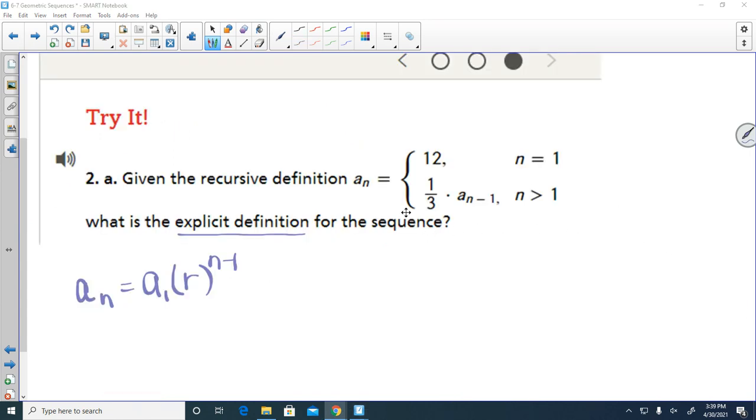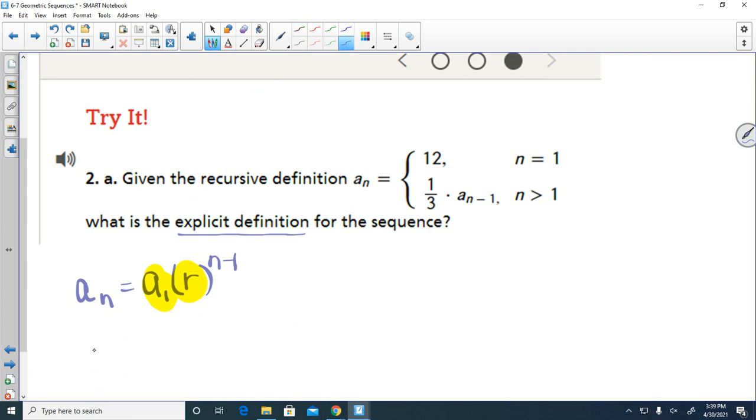Example 2 has us translate from recursive to explicit and then explicit to recursive. So here is the recursive definition. In order to write an equation for this, I need to substitute a number in for A1 and a number in for R, and then I will have switched over.